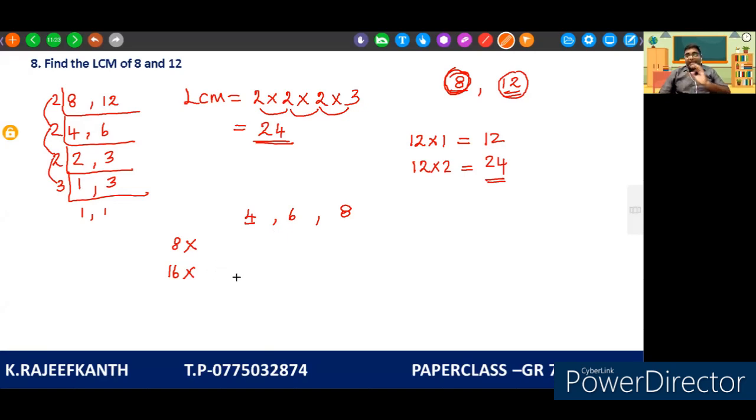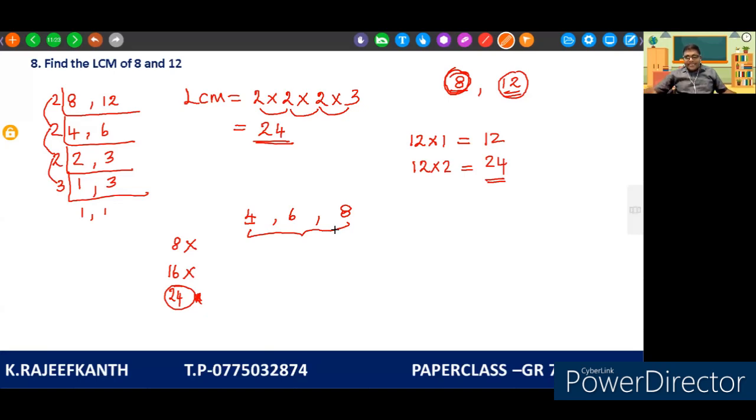So 16 is not the LCM for these 3 numbers. Then the third multiple of 8 is 24. Here 24 we can divide by 4 and also 6 and also 8. So 24 is the LCM of these 3 numbers.